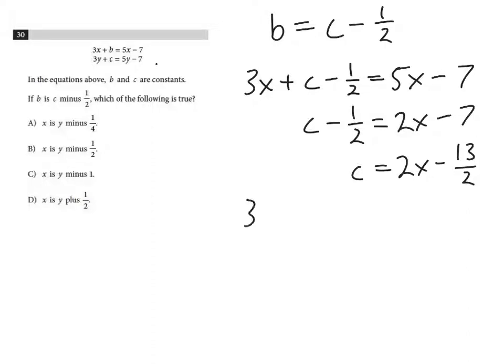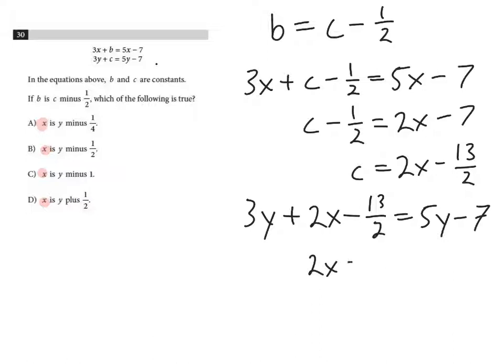So I'll get 3y plus 2x minus 13 halves equals 5y minus 7. Okay, and looks like I want to solve for x because all of these solutions are x is. That means x equals something. Okay, so I'm going to solve for x. Subtract 3y from both sides.